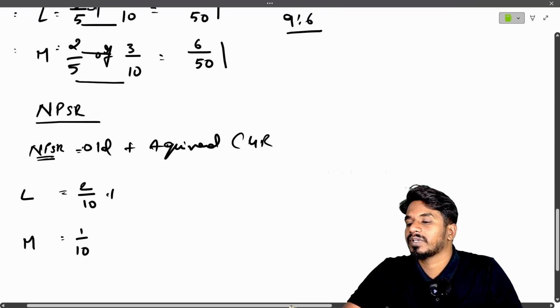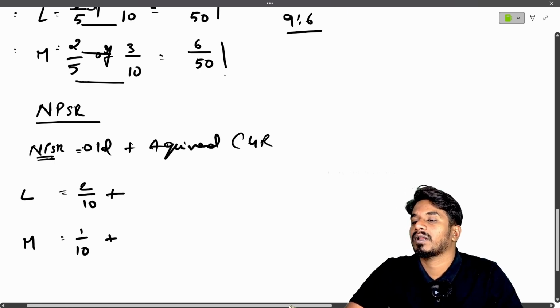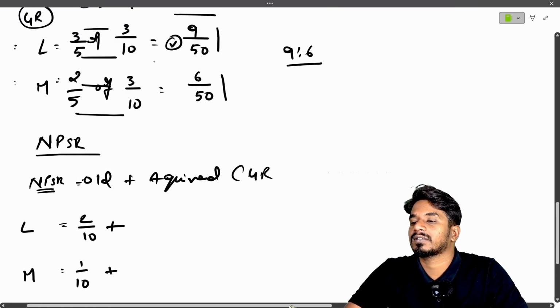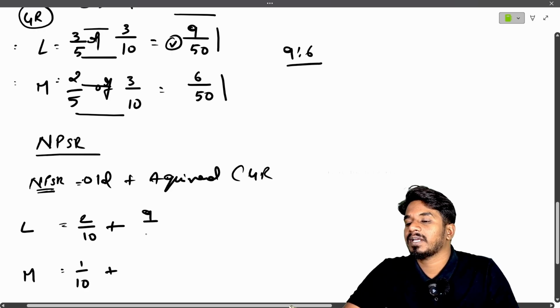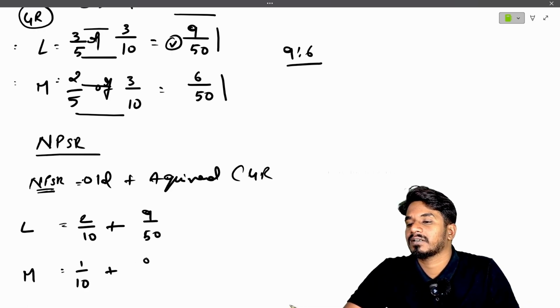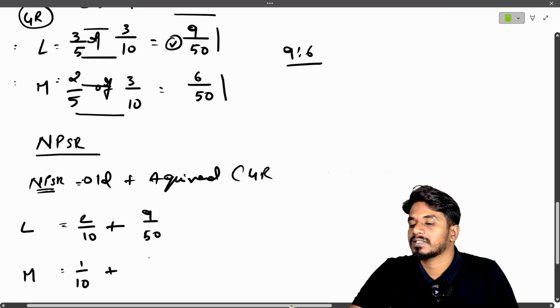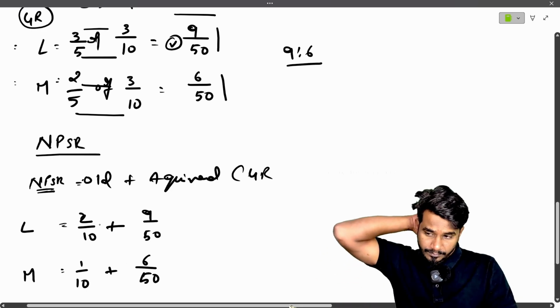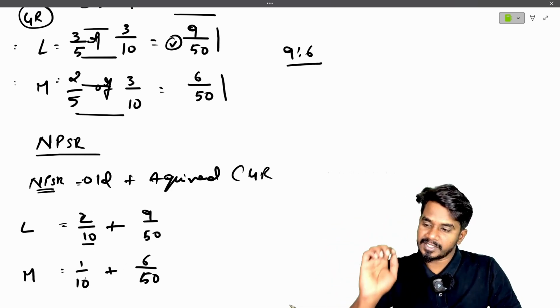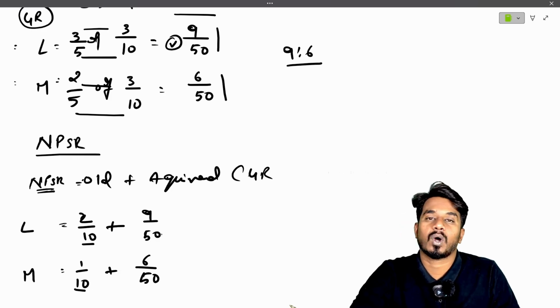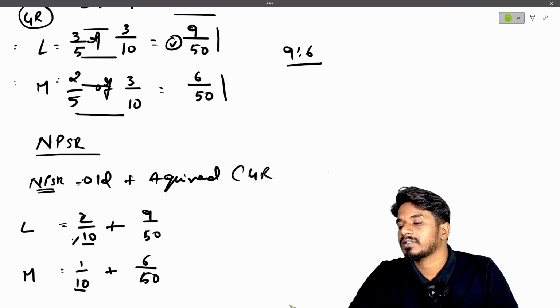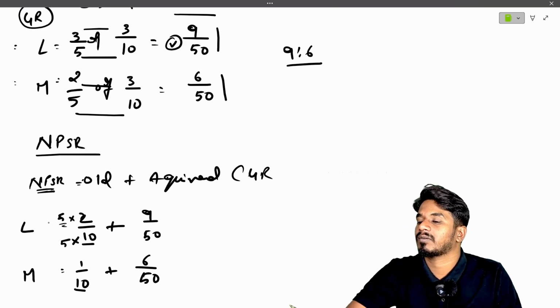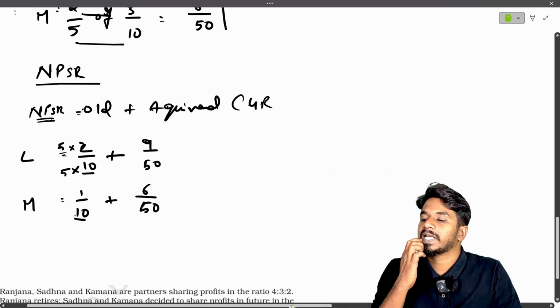So we have to add whatever GR we got. 9 by 50 and 6 by 50. But the problem is the denominator is not matching. We have to match it. 10 into 5 will be 50.